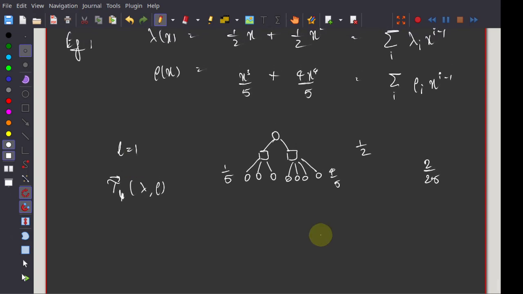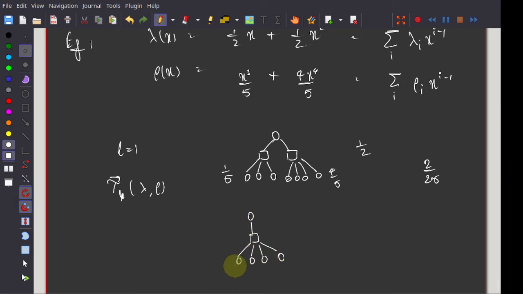Now again, there are multiple possibilities. Either I could have chosen this particular graph, or I could have chosen just one number. I could have chosen one neighbor with probability half, and then either 3 or 4 descendants with probability either 1 by 5 or 4 by 5.